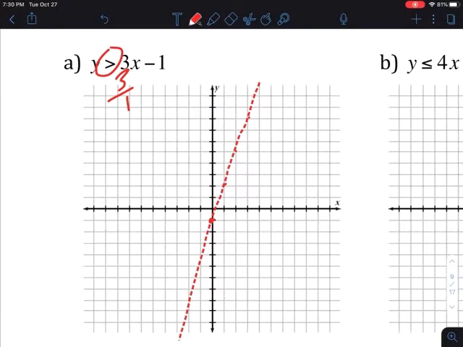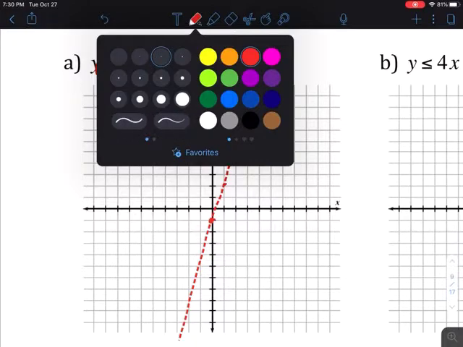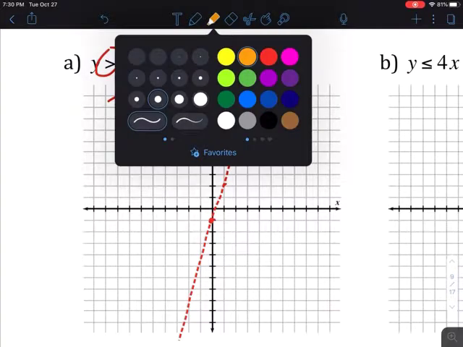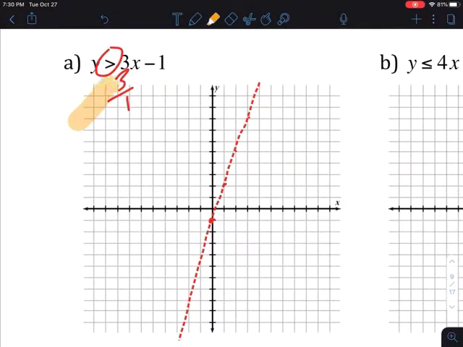And then for the shading, it is greater than, so that's above the line. So think of it like a roof, you know, a very steep roof, and we graph above that roof. All right, there it is.